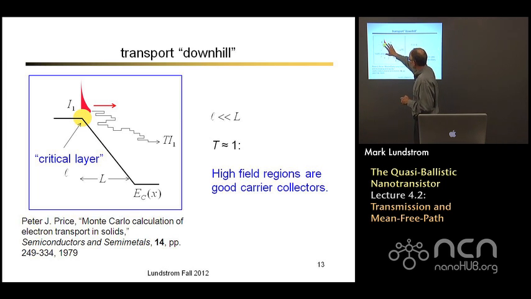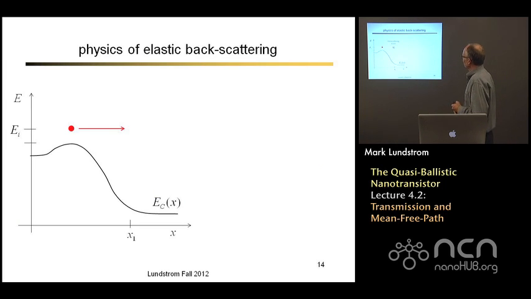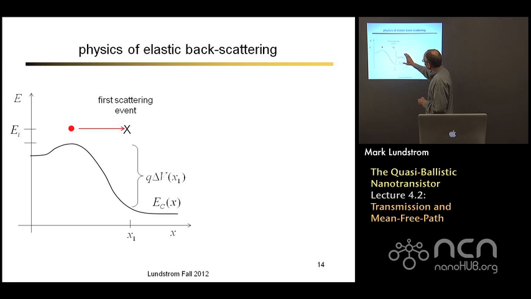Most of the electrons that come into that high field region are just swept out the other contact and are not backscattered into the contact that they came from. Now we can look at this a little physically and see if we can understand it. Let's say an electron comes in and undergoes a scattering event. It has a significant amount of additional kinetic energy that's been gained by that potential drop.